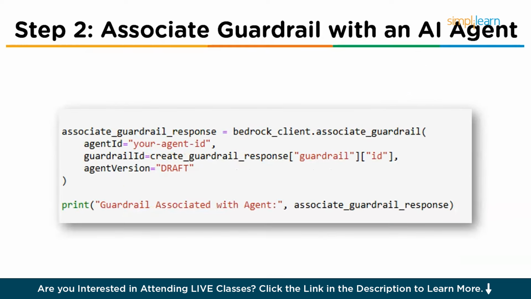Now the next step is to associate the guardrail with an AI agent. So once a guardrail is created, it needs to be attached to an Amazon Bedrock agent to enforce content filtering in AI responses. So this step ensures that the AI agent follows the guardrail rules and does not generate restricted content.